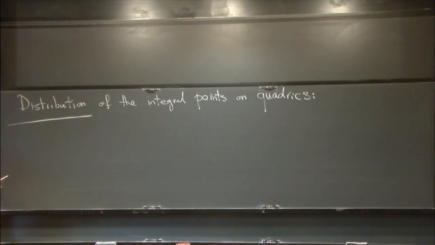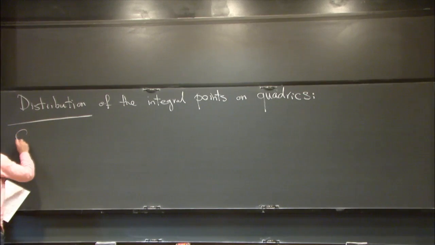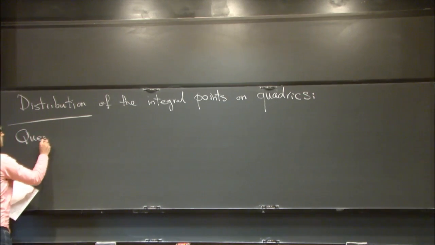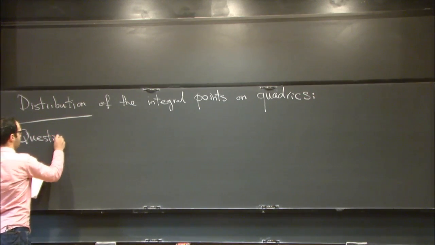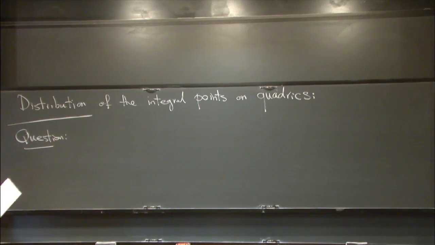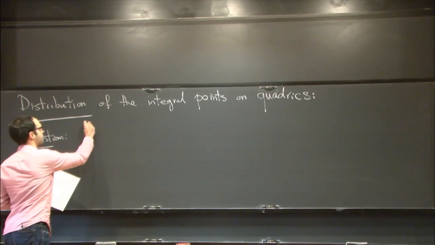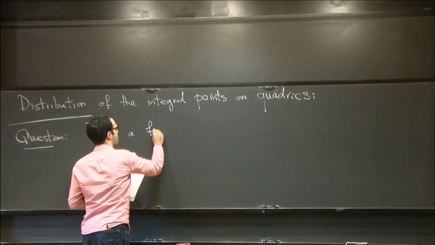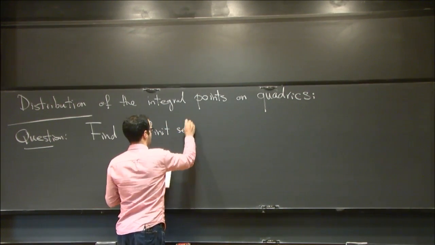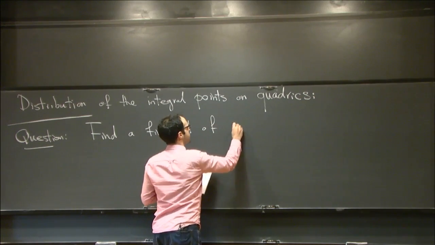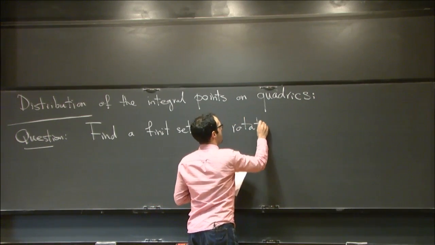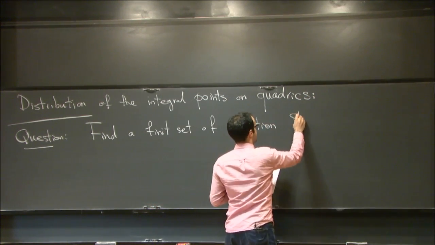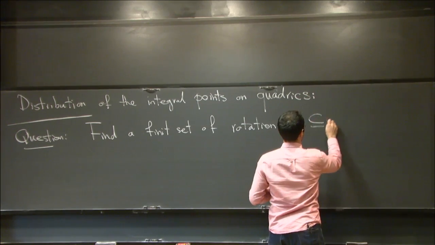So I'm going to start my talk with a motivating application in computer science. The question is, I'm going to write it down: find a finite set of rotations, I denote it as set S, inside rotations.